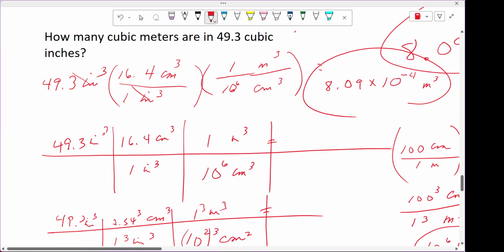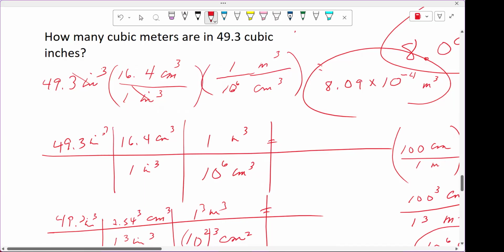It's gonna be two parts, like 5 cubed. The first number you put in is gonna be the base, the second number is gonna be the exponent. So let's do this here. It's gonna be 49.3, and 16.4 divided by 10 to the 6.